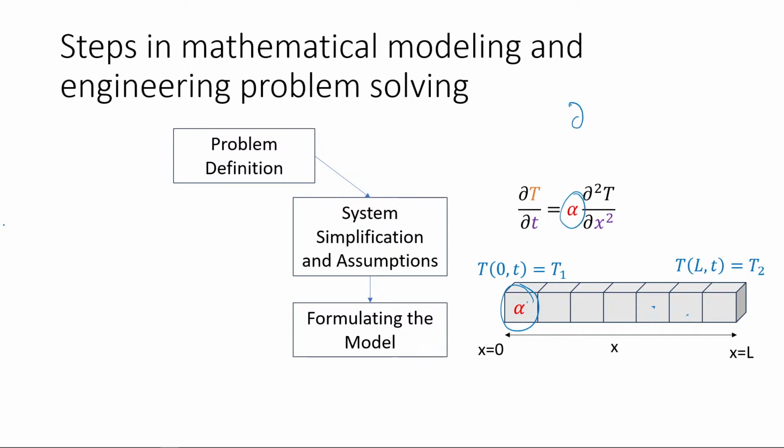So instead of having d over dx of alpha dT over dx, yeah, is equal to dT, I was able to get this out, because this is no longer changing in space.